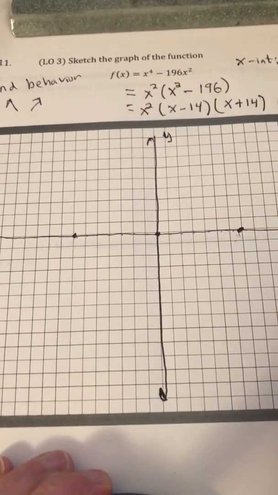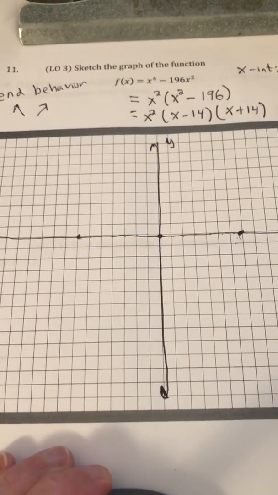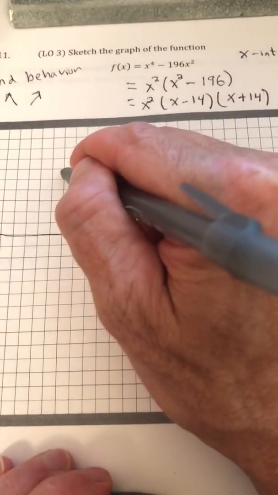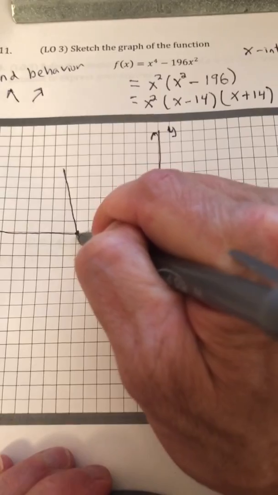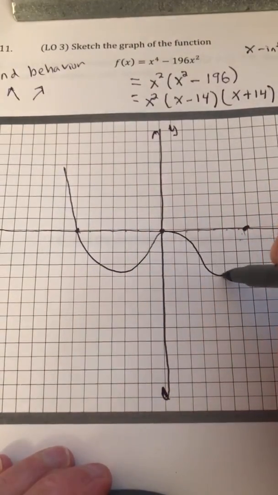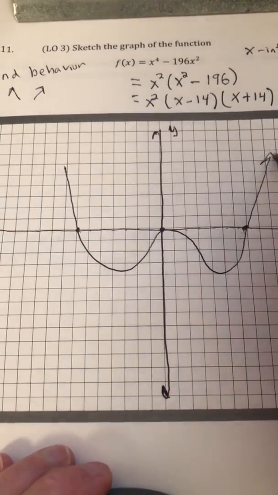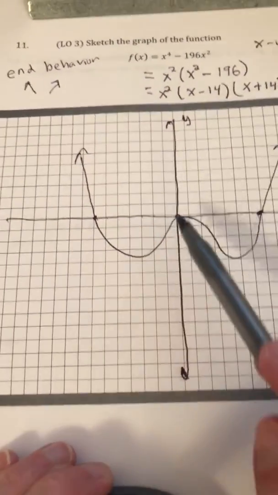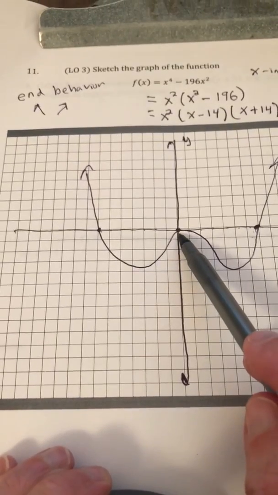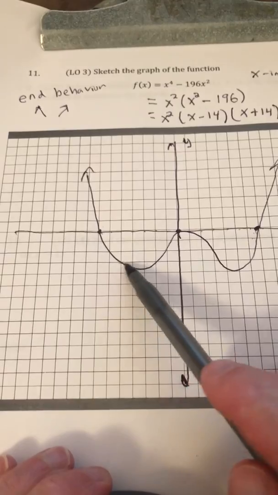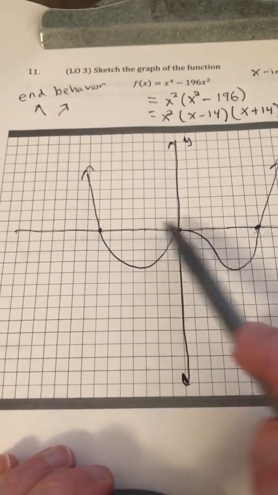It won't be perfect, but as long as we address all of these things, it should be good enough for our purposes. Notice that we have the correct end behavior. We get a reflection at the origin, and we get the correct behavior at these x-intercepts.